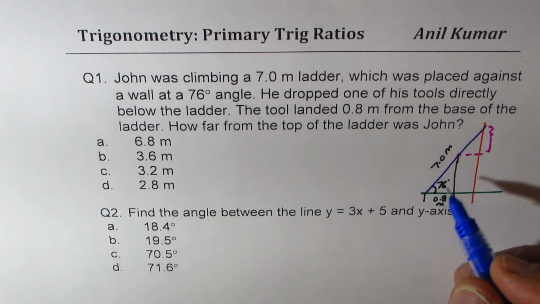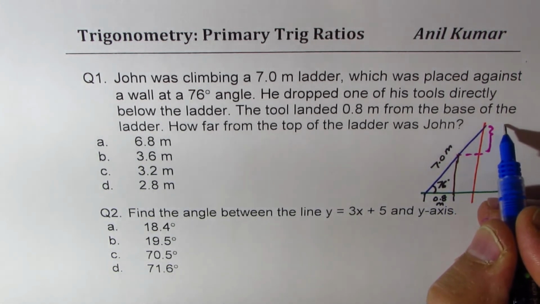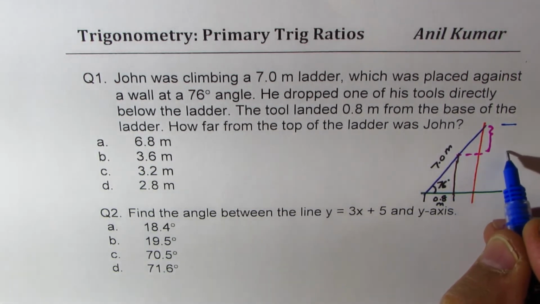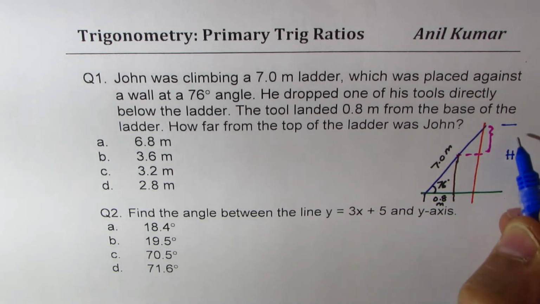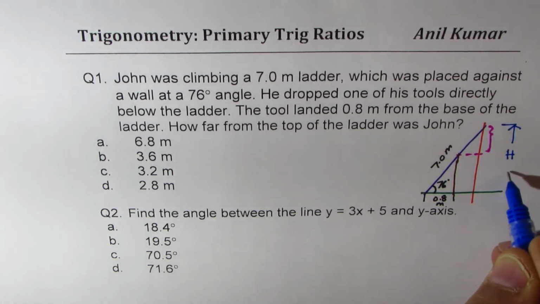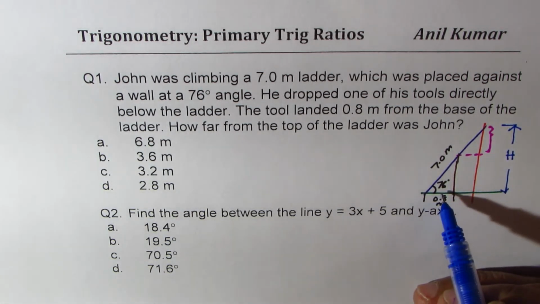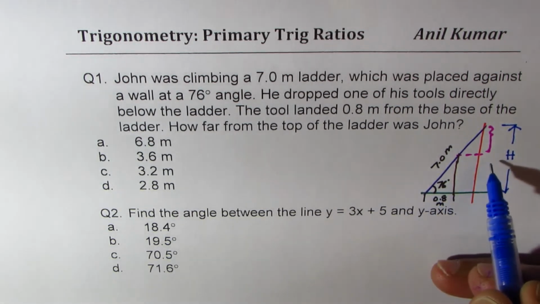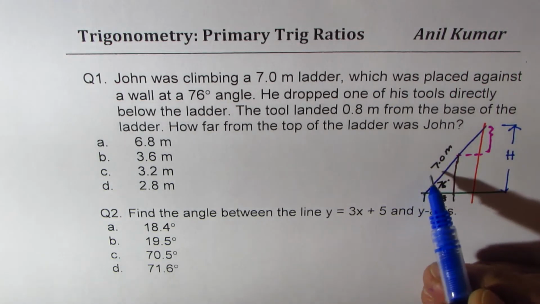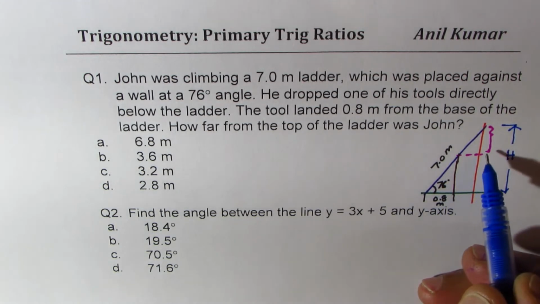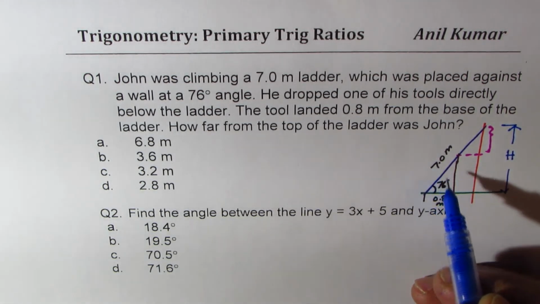Well, from the given scenario, we can always find the height up to where the ladder reaches. Let me call this capital H. Since it is opposite to 76 degrees and we are given the length of the ladder as 7.0 meters, we are going to use the sine ratio, opposite over hypotenuse.